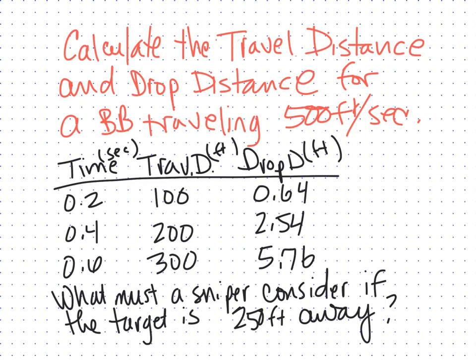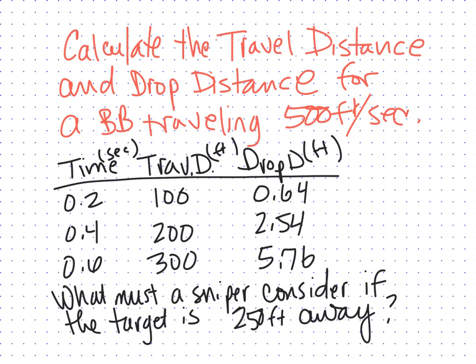So when you're studying ballistics, it's interesting to look at the travel distance and the drop distance over a period of time. So if we're looking at a BB and looking at what's happening as it's traveling 500 feet per second, and we look at different time frames, if we look at the travel distance, we use the equation that travel distance is equal to time times velocity, and you see that the travel distance over this time is 100, 200, and 300 feet.